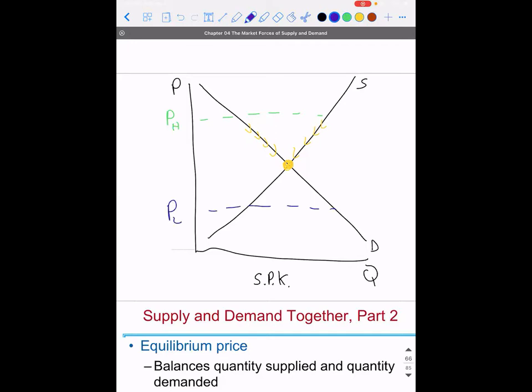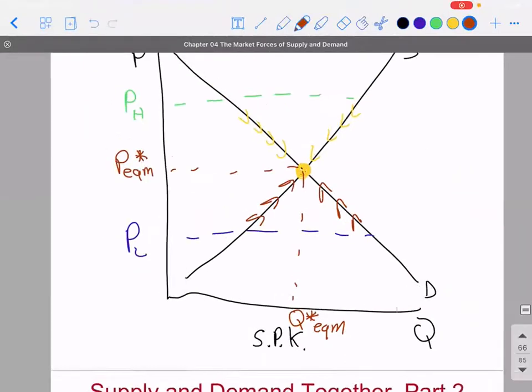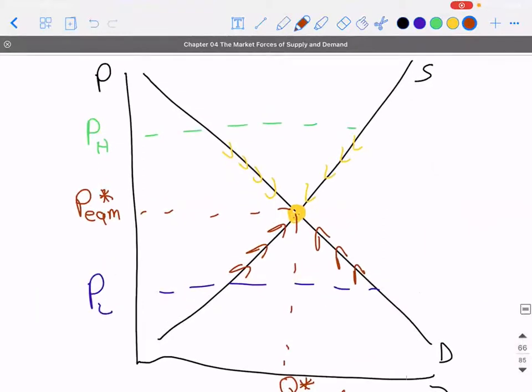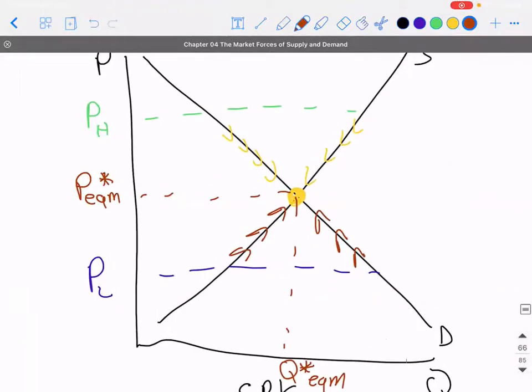We call that price low. The beauty of this picture, and you don't use all the colors in your tattoo. It's okay.